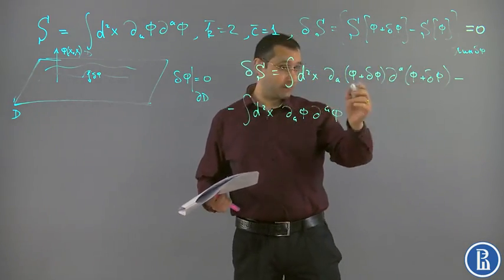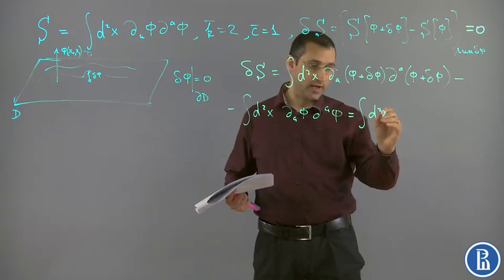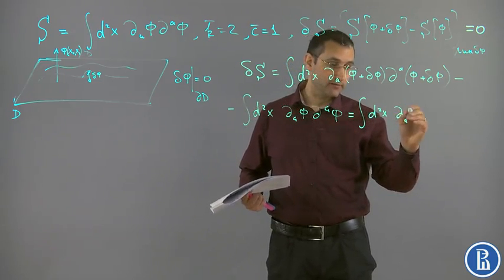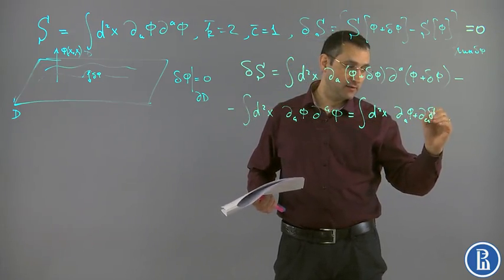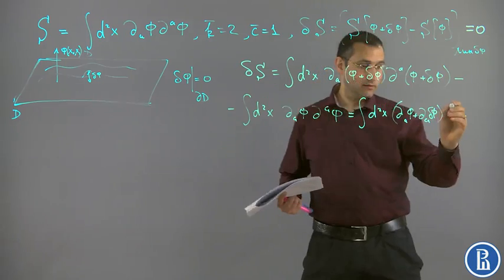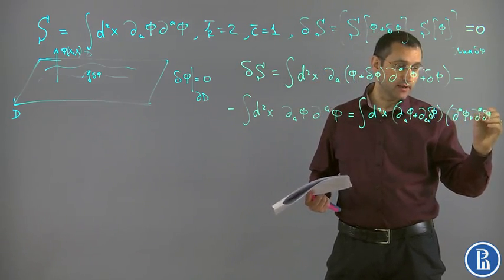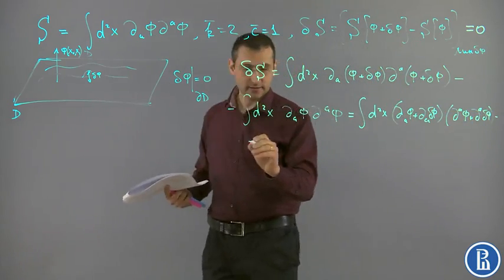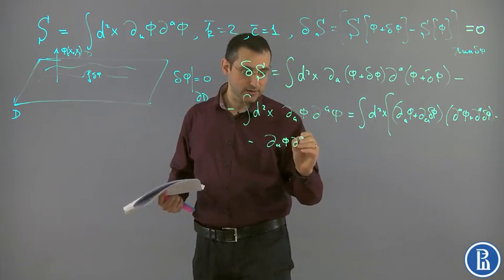So we expand. This is just the integral d2x of (∂_A phi plus ∂_A delta phi)(∂^A phi plus ∂^A delta phi) minus ∂_A phi ∂^A phi.